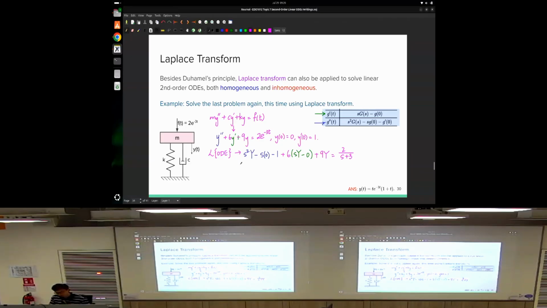So if that's fine, then the usual trick is to just isolate big Y, because that's solving the Laplace problem for your unknown function big Y of s. So then this guy will give us s squared plus 6s plus 9. So you do see the auxiliary equation being manifested after you take the Laplace transform.